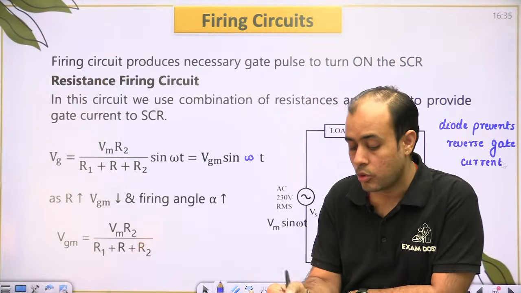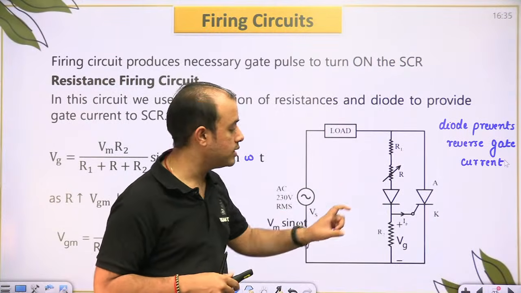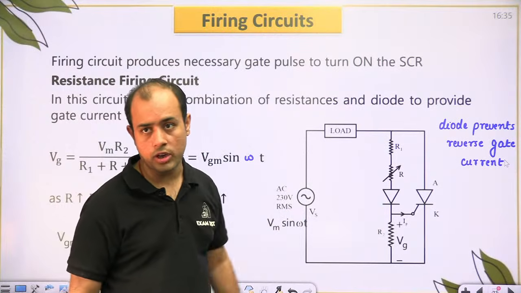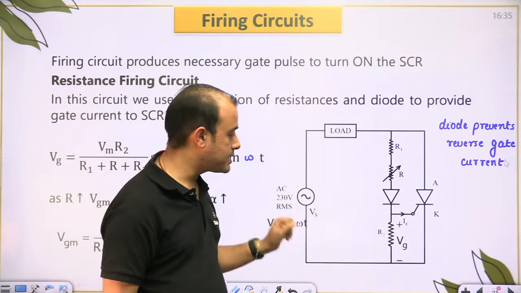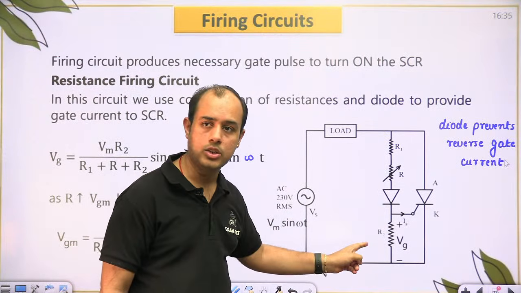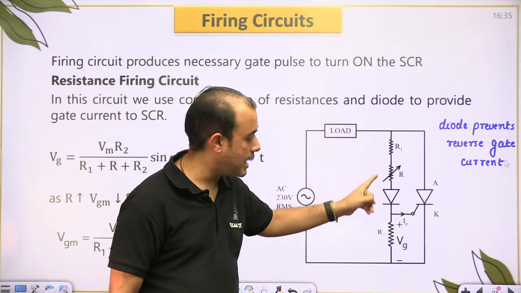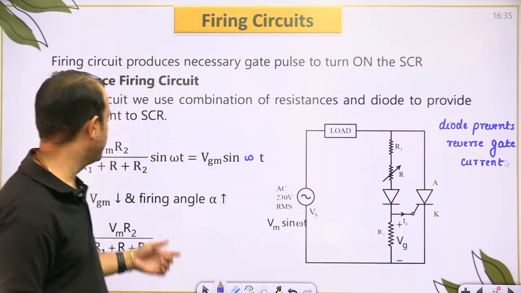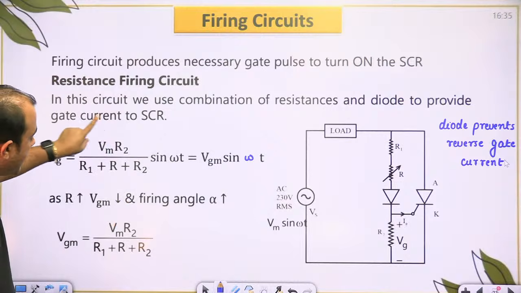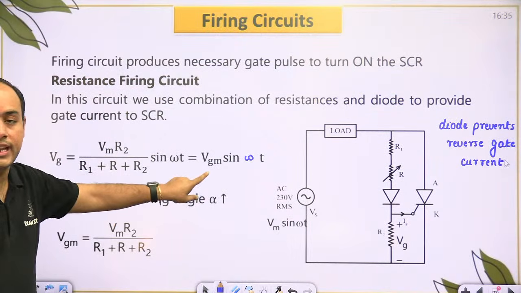So, what is the voltage between gate and cathode? It is the voltage across R2, which is Vm sin omega t into R2 by R1 plus R plus R2. Voltage division. Okay? Now, this factor is written as VGM.